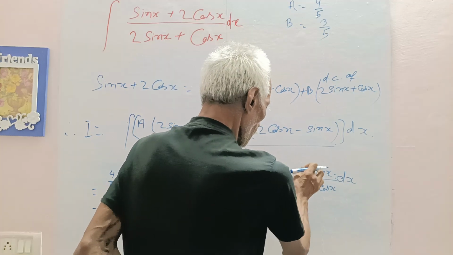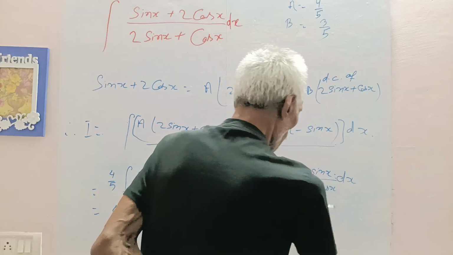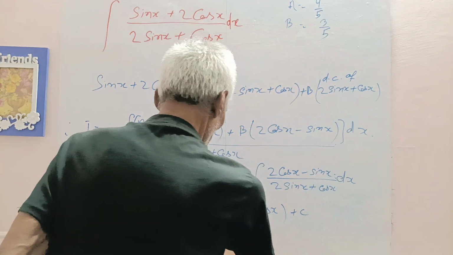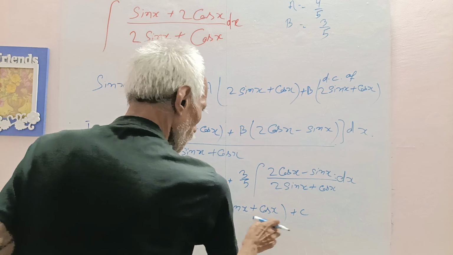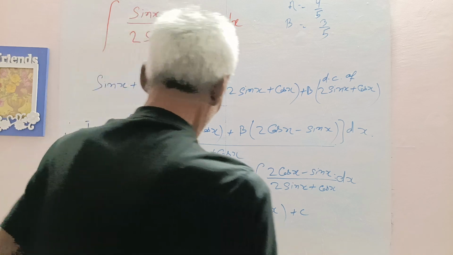Then here will be 1 by t dt, that is log t. Log t means log (2 sin x plus cos x) plus c. This is the final answer.